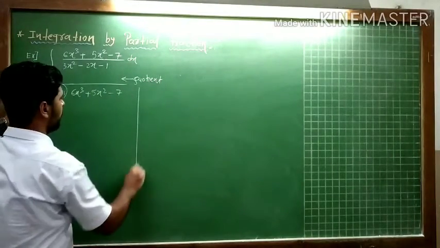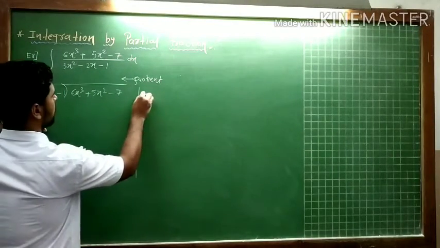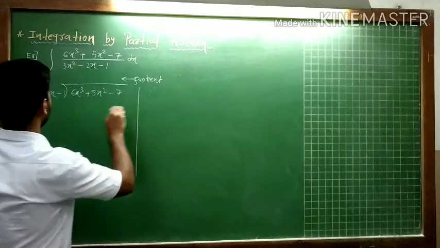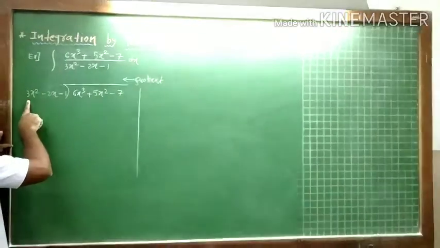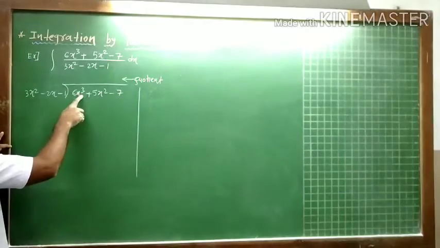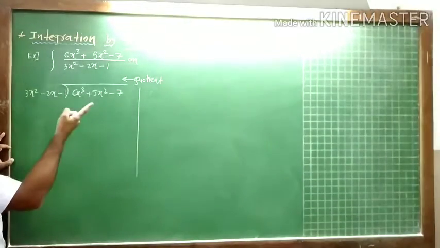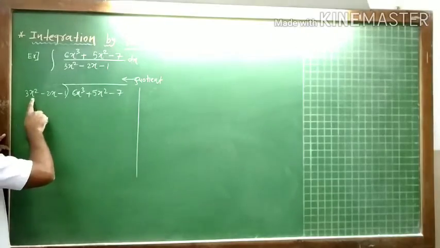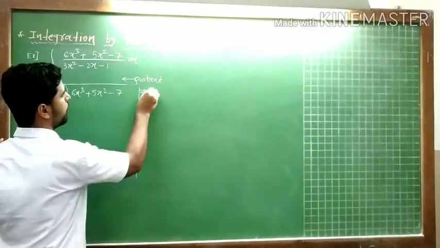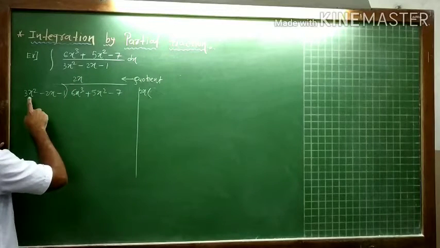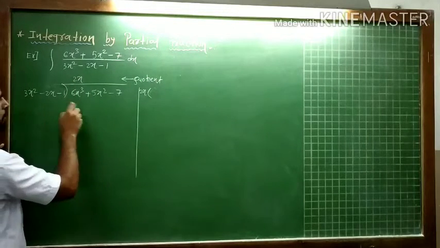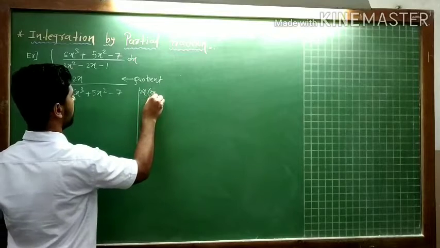By what do I have to multiply here? When you want 6 from 3 you have to multiply by 2, and when you want x cube from x square you have to multiply by x, so 2x. So write your 2x as a quotient, and this whole expression we have to multiply by 2x.